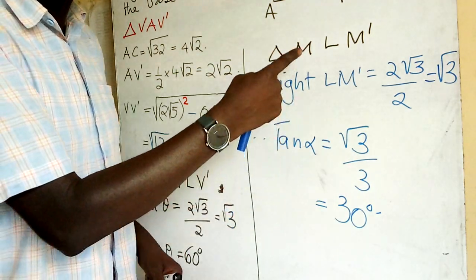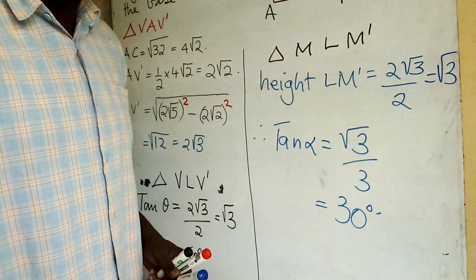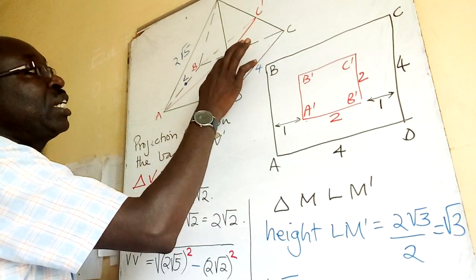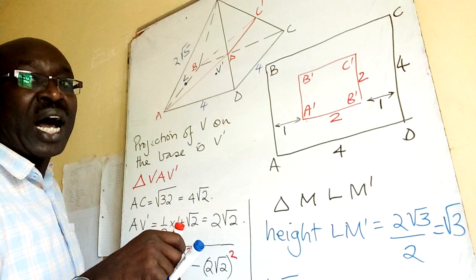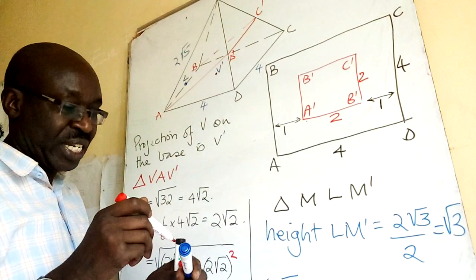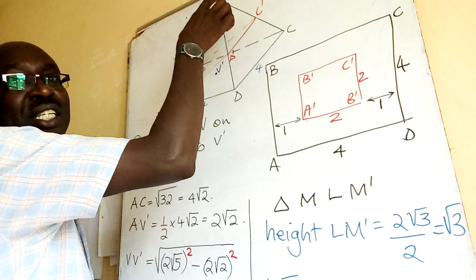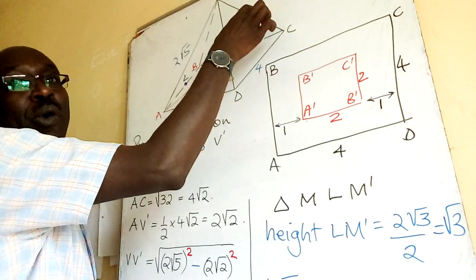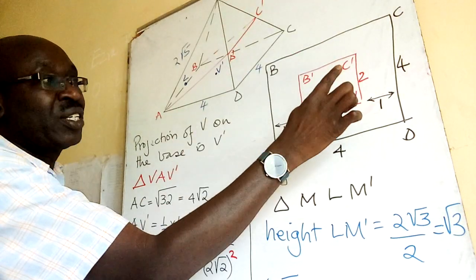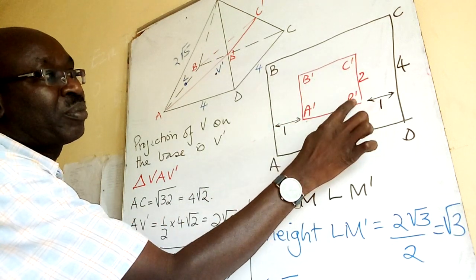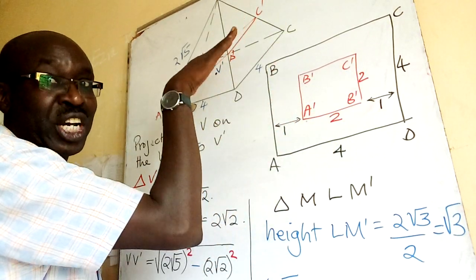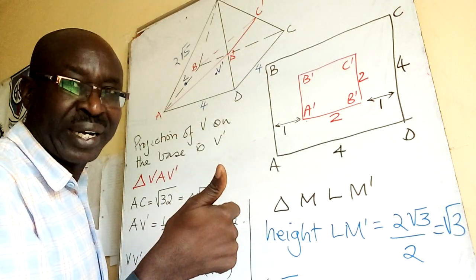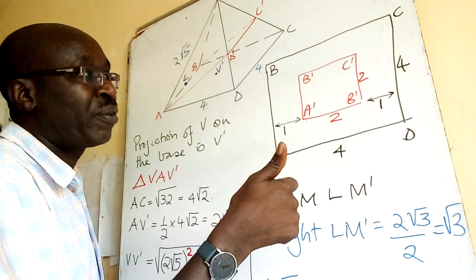Now let us focus here. Before I focus there, we are told C prime and D prime are midpoints. Okay? So I've extracted these midpoints onto the base. You see? C prime, B prime. Projection of that level onto the base quickly gives you a gear to move on.